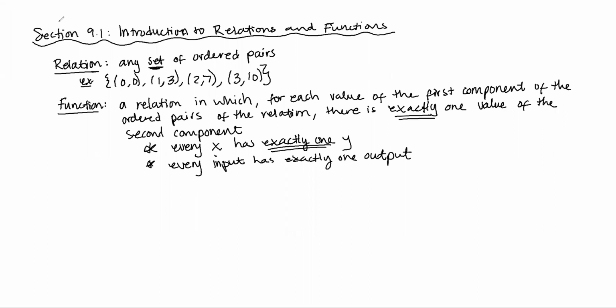Now let's cover 2 more definitions really fast before we talk about some examples. Our next definition is domain. Domain is something we have seen before, but not in the sense of functions.